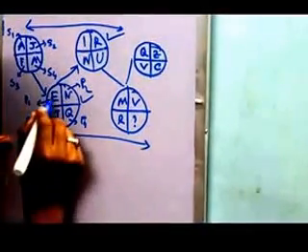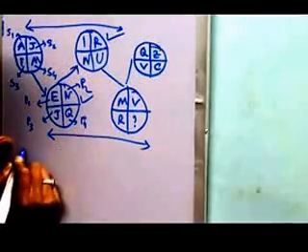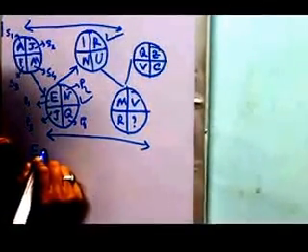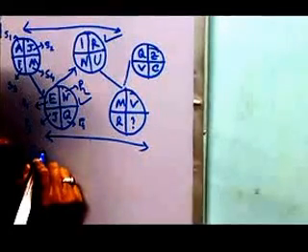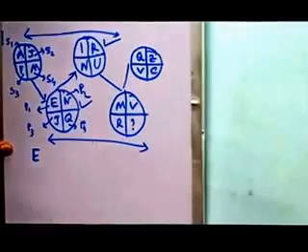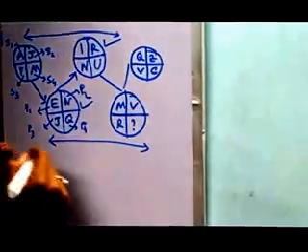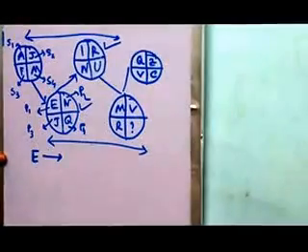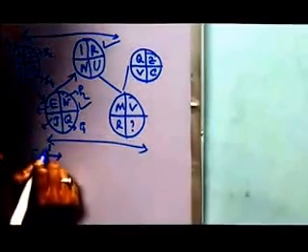How can we move from E to I? It is just 4 steps forward.